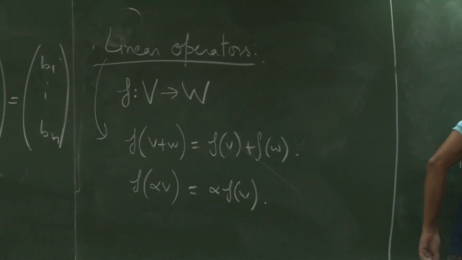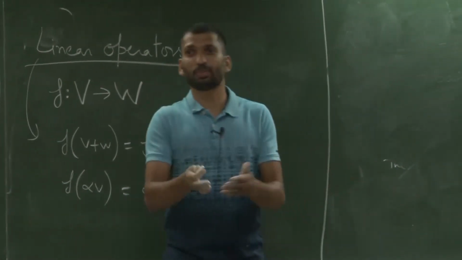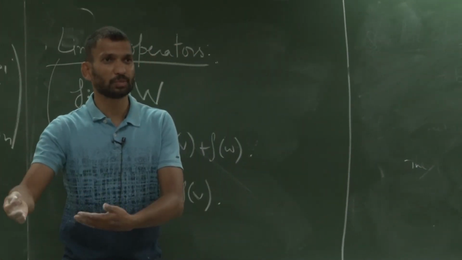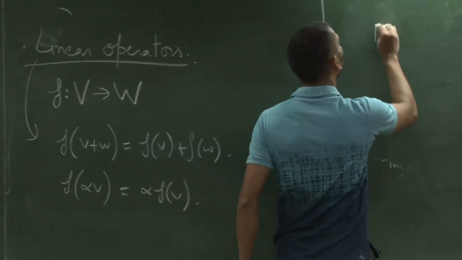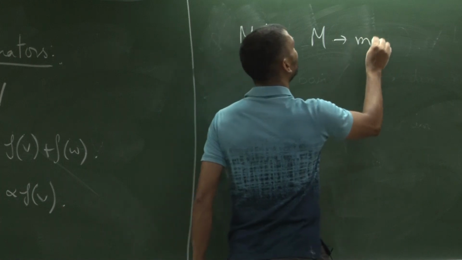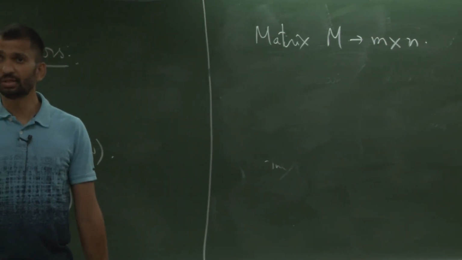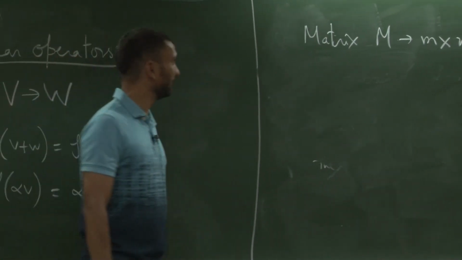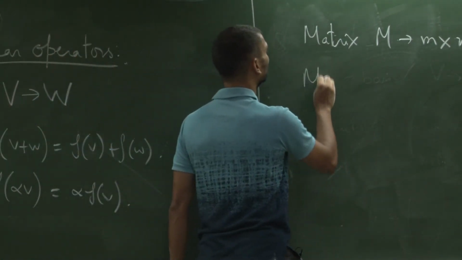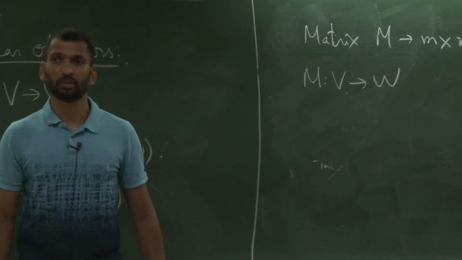Good. So how are they linear operators? Which space are they going from, and what space are they going to? So let's say my matrix M is some m cross n matrix. You said it is a linear operator, I agree with you. But if it is a linear operator, it is going from V to W. What is V? What is W?